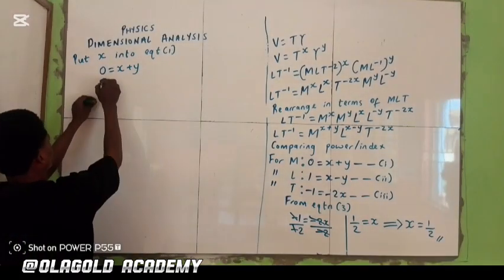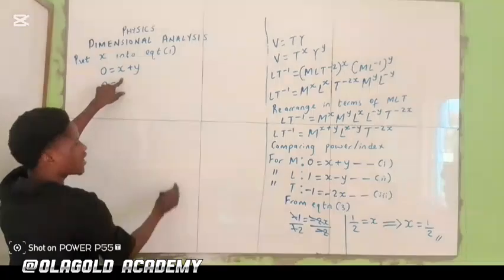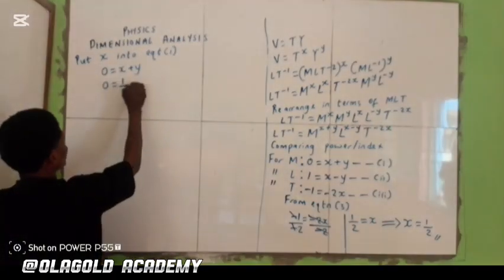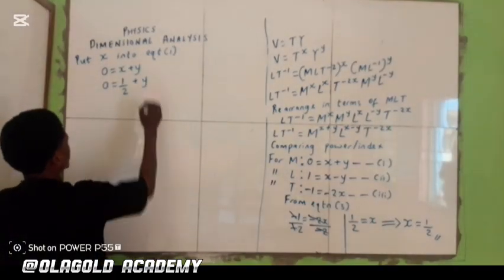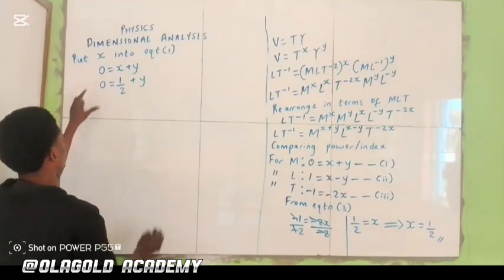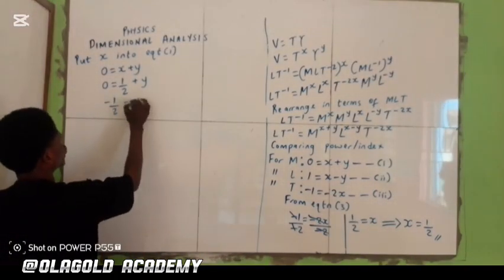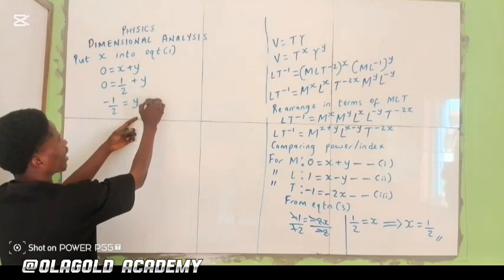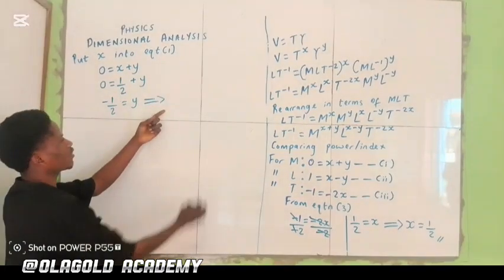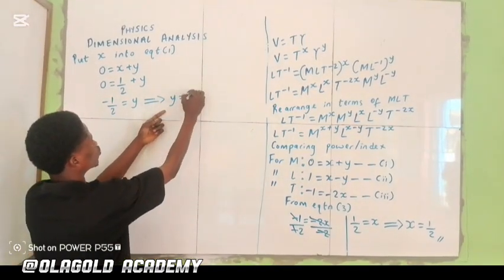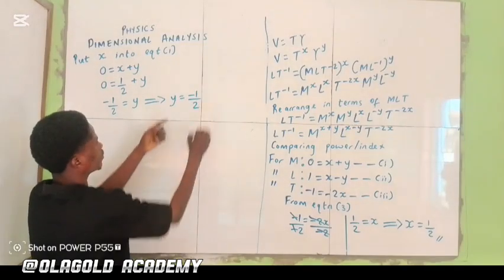Our x is 1 over 2, so we have 0 equal to 1 over 2 plus y. Bringing this one to this side, we're going to have minus 1 over 2 equals to y. This implies we're going to have our y to be equal to minus 1 over 2.